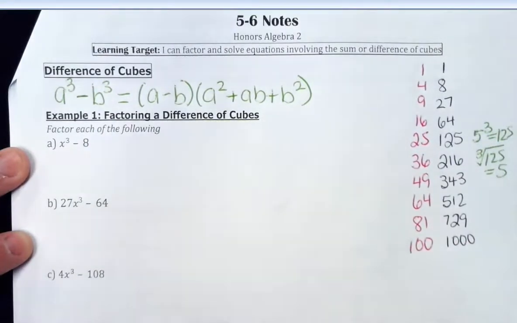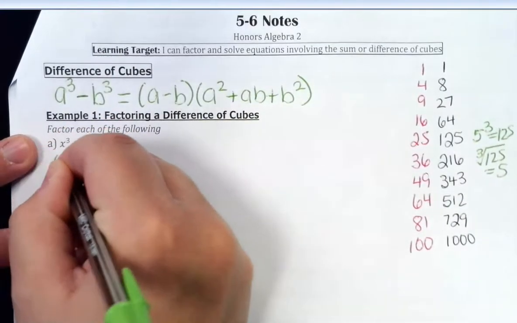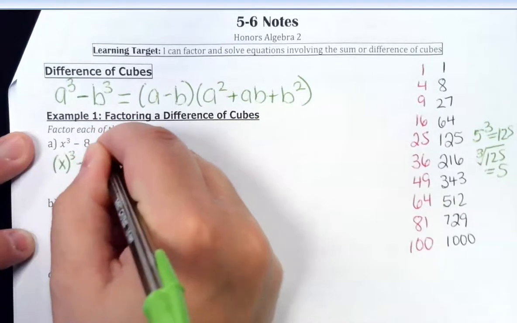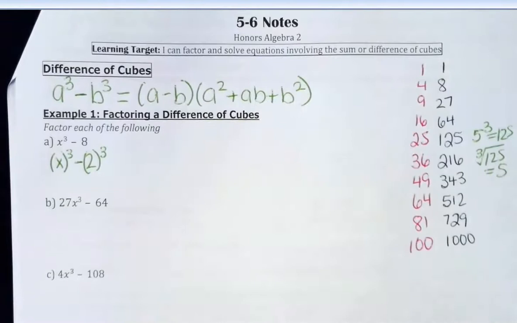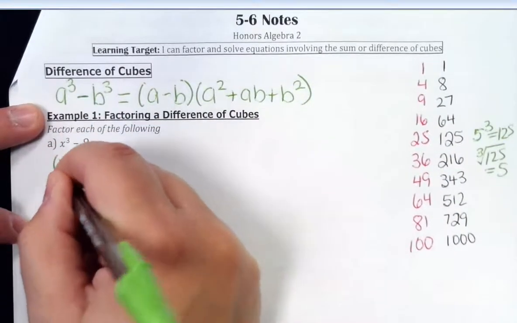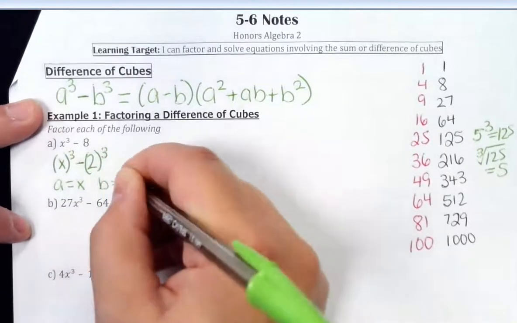So I'm just going to rewrite this real quick. And I know this is going to look weird, but x to the third minus 2 to the third is what I really have going on here. And so in that formula right up above, everywhere I see the a, I'm going to replace that with x, and everywhere I see a b, I'm going to replace that with 2.